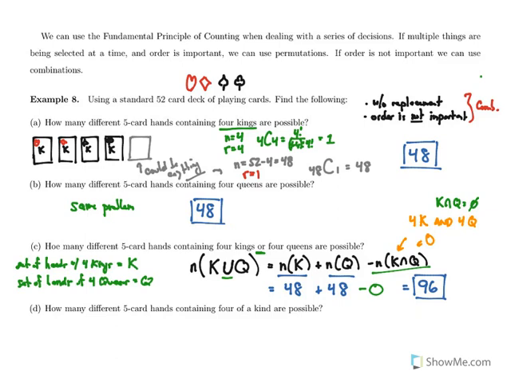So now let's answer another question. How many 5-card hands containing 4 of a kind, that is 4 of any card, are possible? So let's think about this as we have a 4 of a kind here, and any other card.